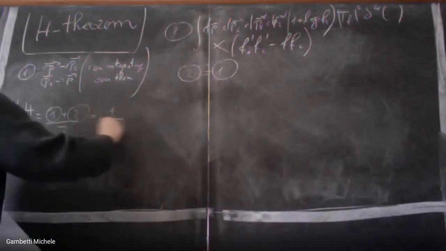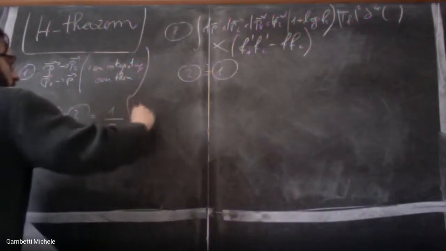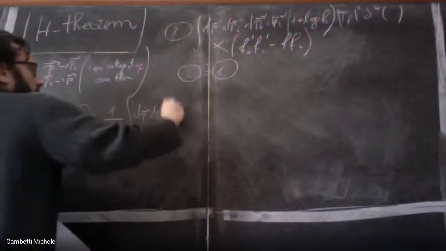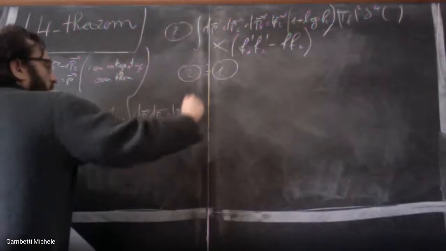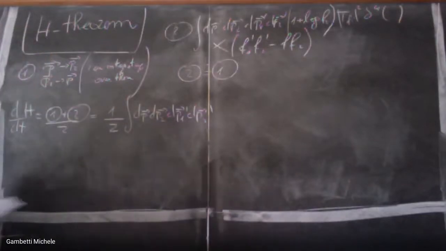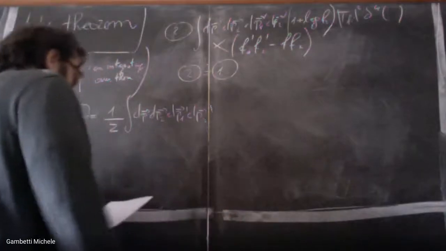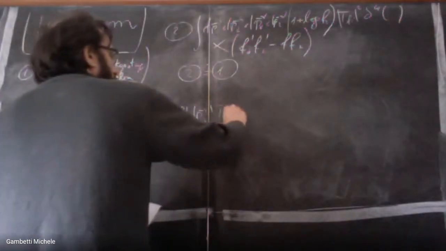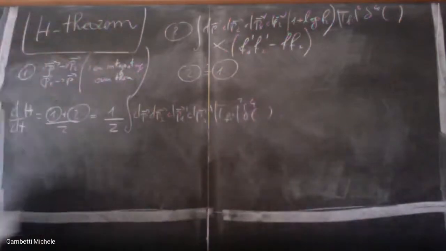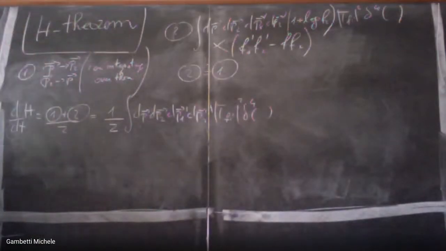So then this is 1/2 integral over all the momenta, dp1 prime, dp2 prime. As usual, I have the T squared modulus, the delta 4, and here comes the interesting part.